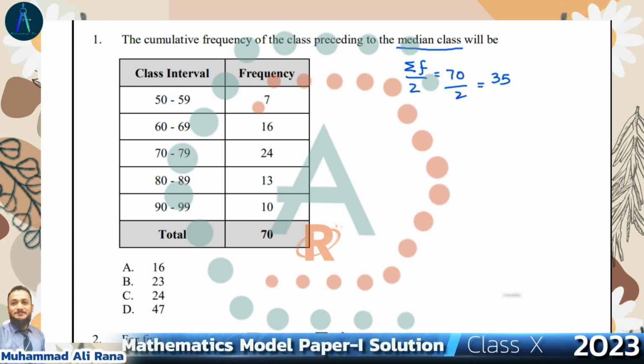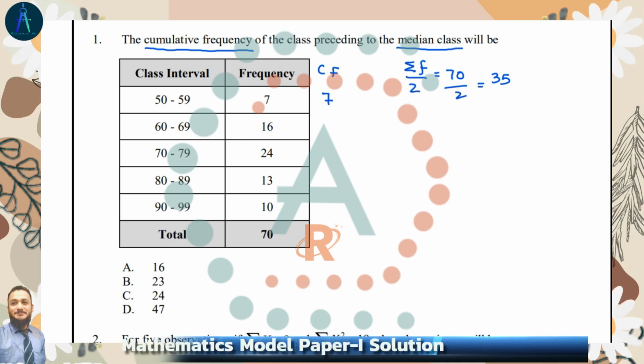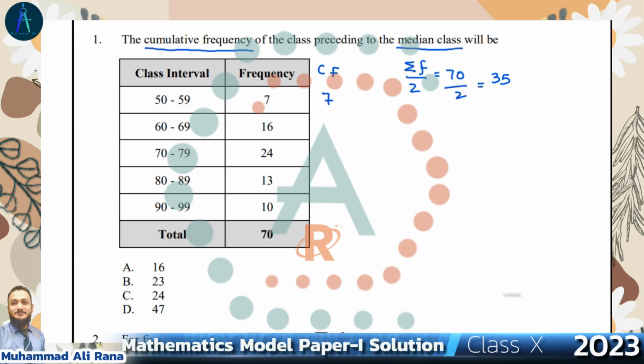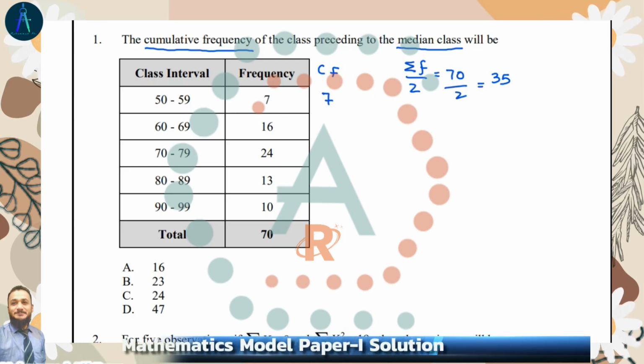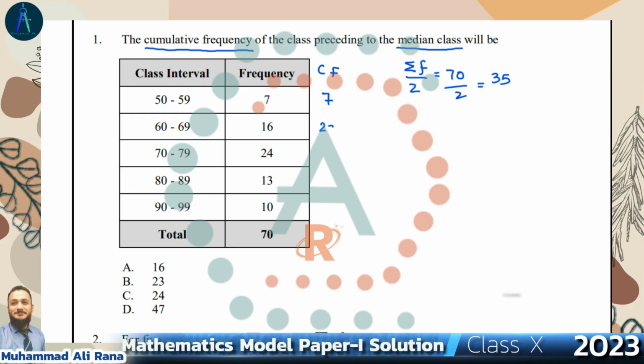तो यहाँ हमें क्यूमुलेटिव फ्रीक्वेंसी मालूम करनी है, तो क्यूमुलेटिव फ्रीक्वेंसी निकालने का तरीका देख लेते हैं. First cumulative will remain same as frequency, then next class की frequency को previous class की frequency के साथ add कर देंगे, तो we will get the cumulative frequency. So there we got 23, then next class के अंदर 24 add कर देंगे, we get 47.